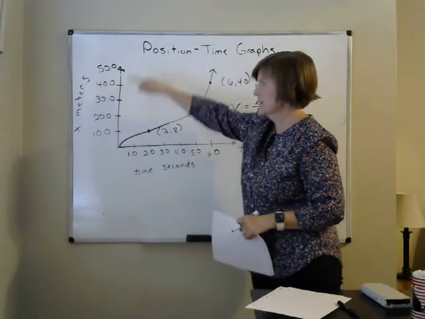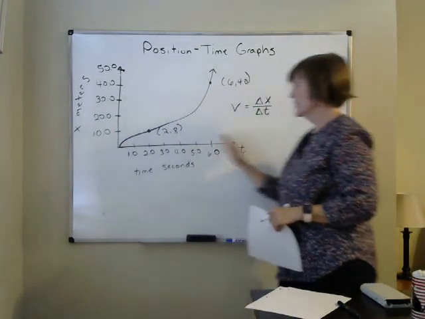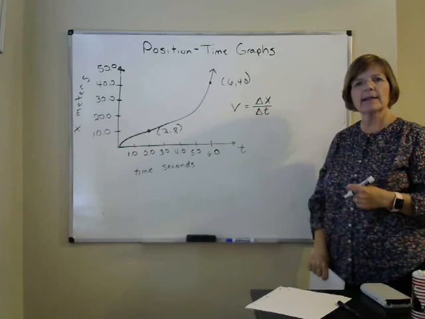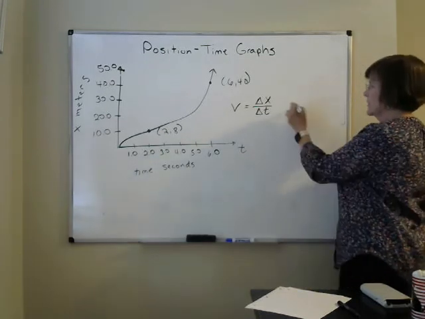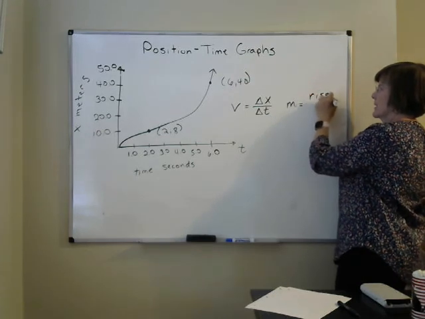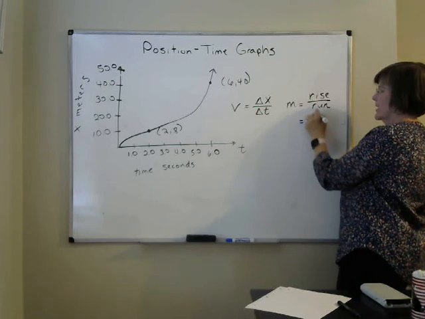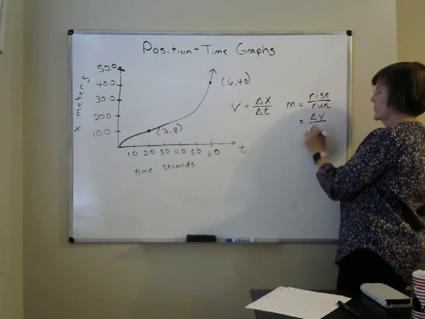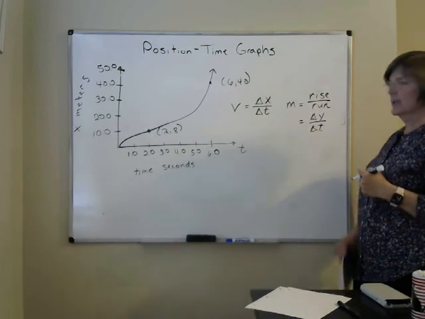That's what x is on this graph, over the horizontal change from here to here. That looks exactly like slope did in algebra. Slope is rise over run, or change in y over change in x. Well, our letters are different, but that's rise over run.